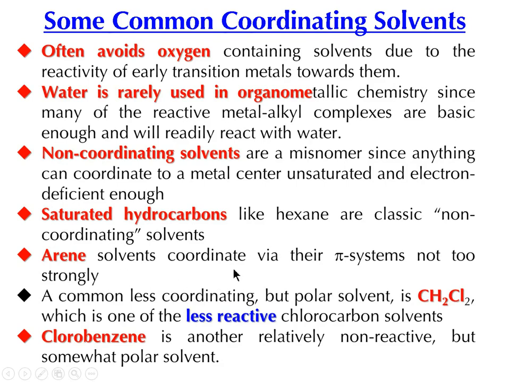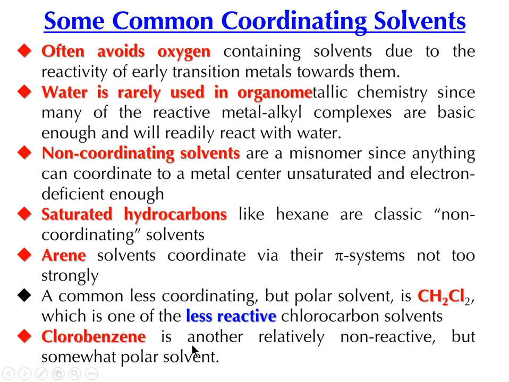Arene solvents coordinate via their pi systems, so they are not bound strongly to the metal. A common, less coordinating but polar solvent, which would be the best solvent used in organometallic chemistry, is dichloromethane, CH2Cl2, which is one of the less reactive chlorocarbon solvents.